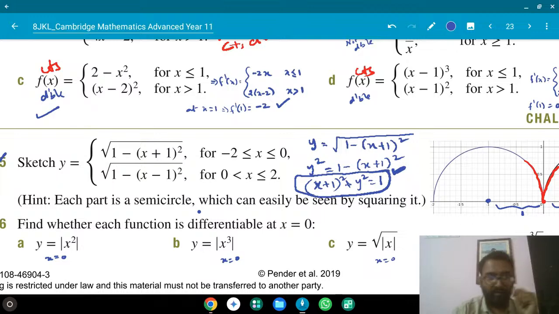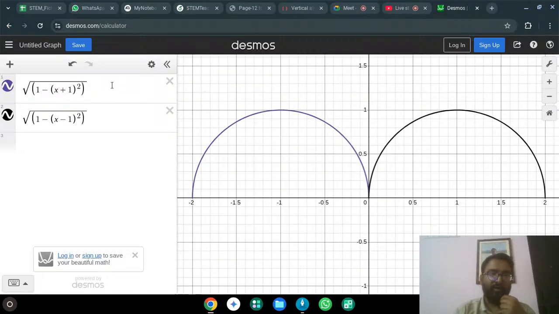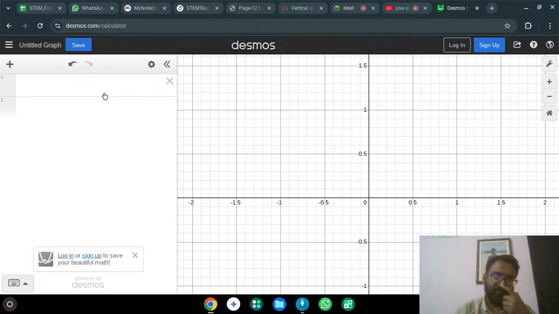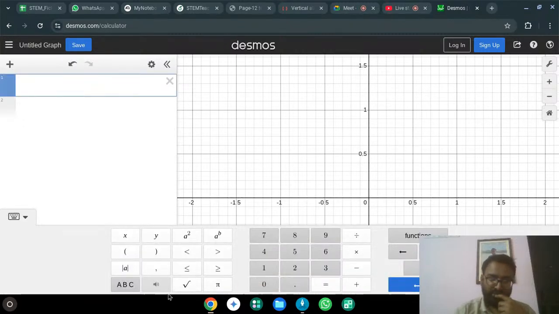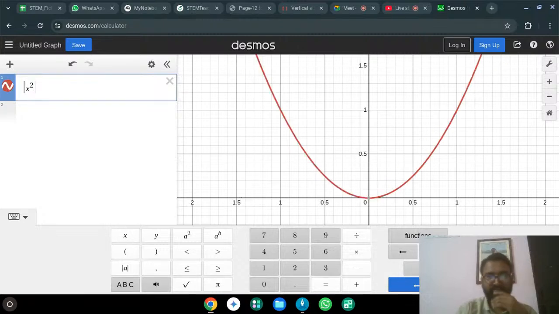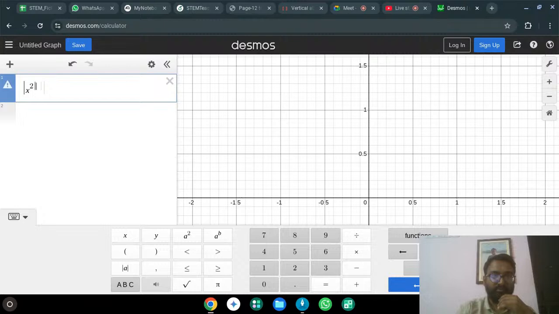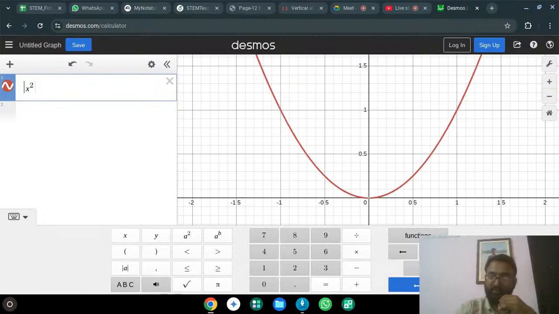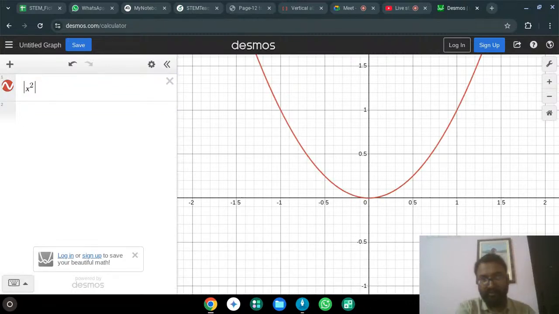Now let's plot mod x square. You can get the graph of mod x square as there is a modulo function. Oh, I'm wrong. So this is mod x square.